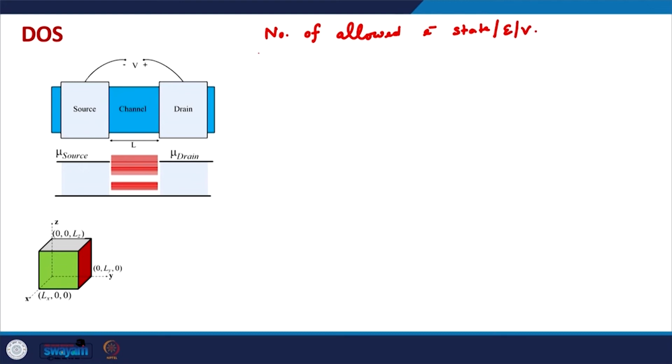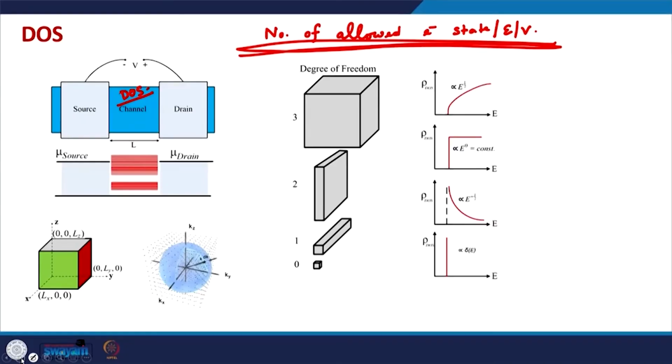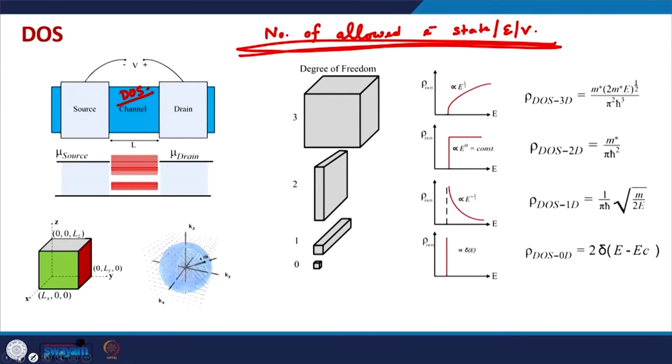That tells us how many electronic states are there in a system. We try to find out the density of states of the channel, that will tell us how many electrons can be there in the channel at a certain energy. So, we will study the density of states for 3D materials, for 2D materials, for 1D materials, and even for 0D materials, because these channels can be either 3D, 2D, 1D or 0D.